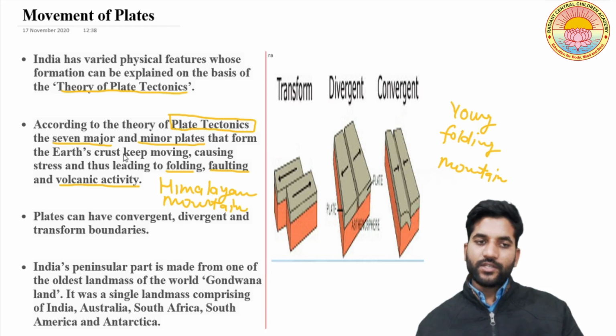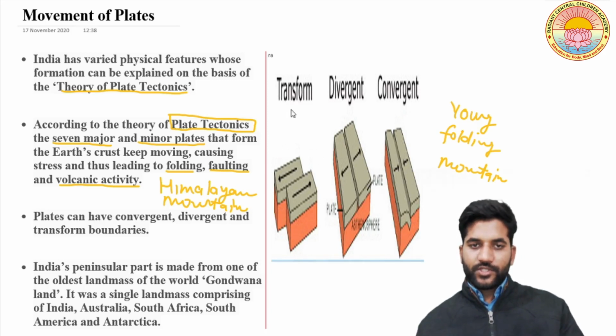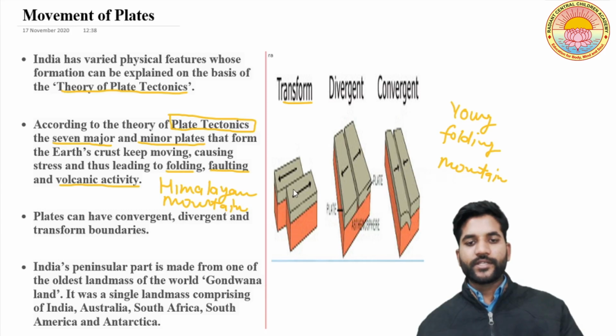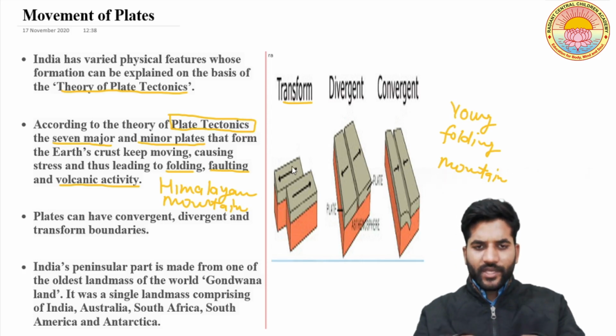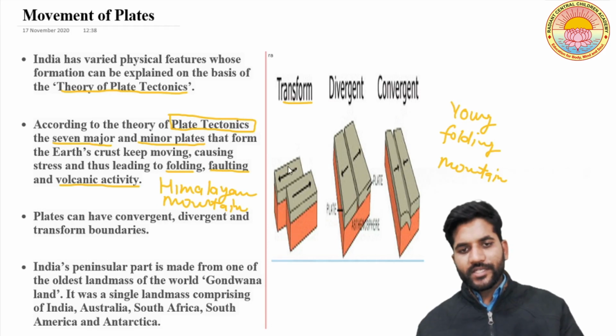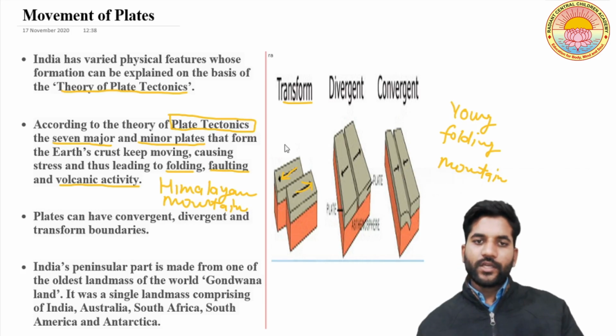Now, what are these terms? How will you understand this? Let's see this picture. This is a transform boundary. How does this happen? When two tectonic plates slide with each other, like in this manner, you can see here, one is moving this side, the second is moving this side, then it forms the transform boundary.